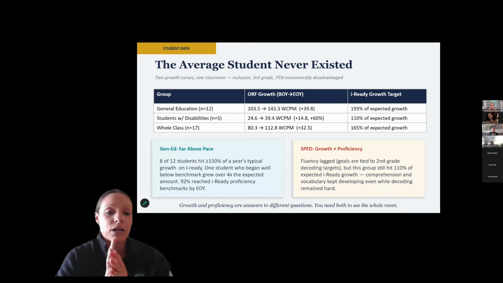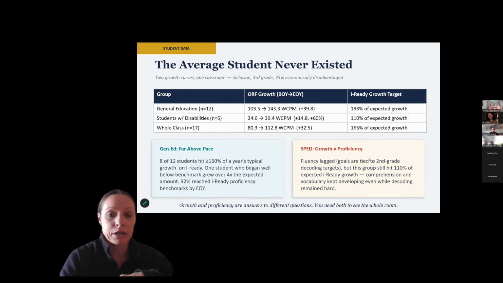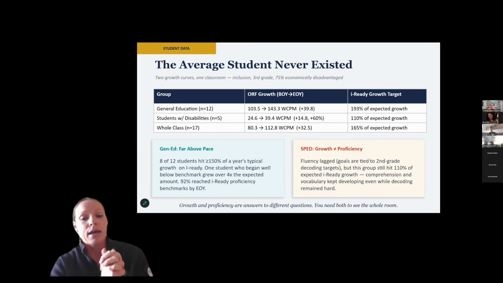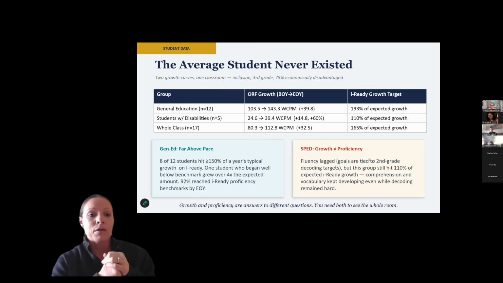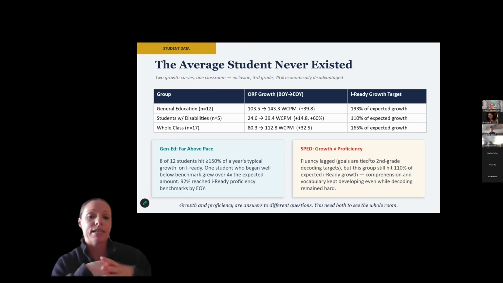This data here comes from iReady. So we also use iReady as a screener, as a diagnostic tool in our district. This is just another way that we can look at these two different groups that I had in my classroom. So my Gen Ed students, that's the top line, they grew, like I said, about 40 words per minute in their oral reading fluency.